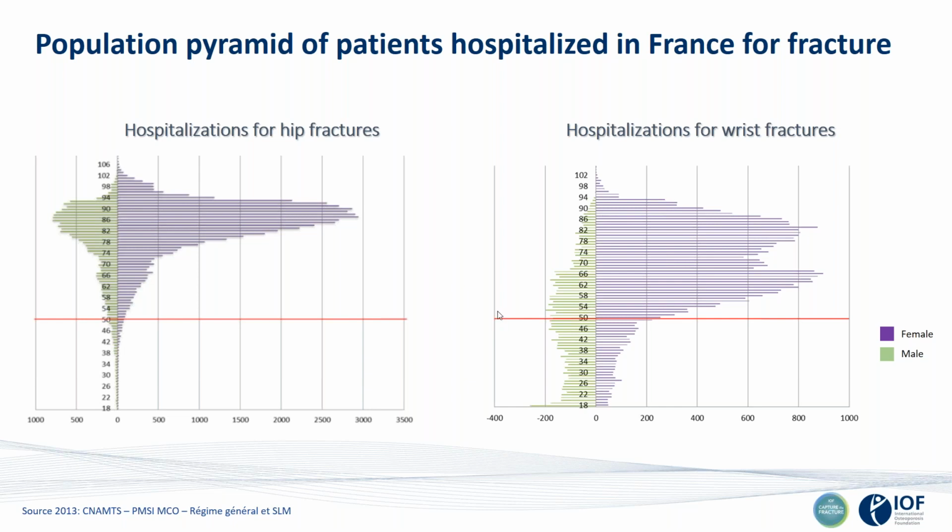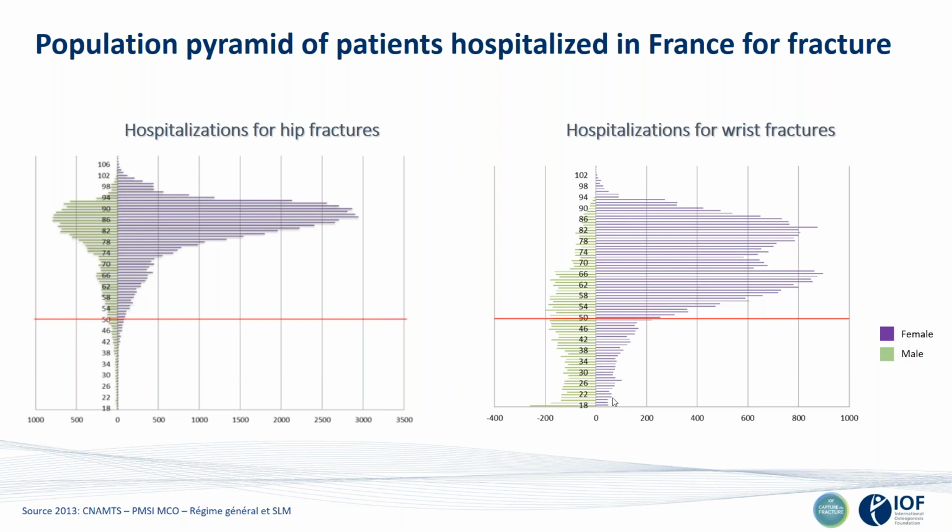For wrist, the situation is really different. For males, you see that the rate of fractures at different ages is very similar up to the age of 70, and you can assume that most of the wrist fractures in males are traumatic fractures.